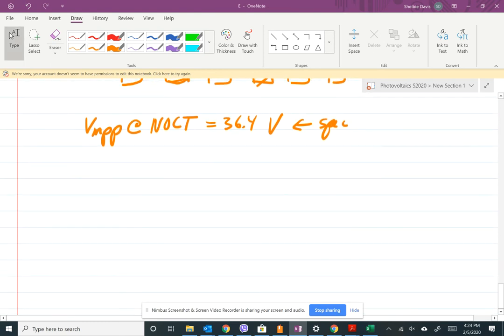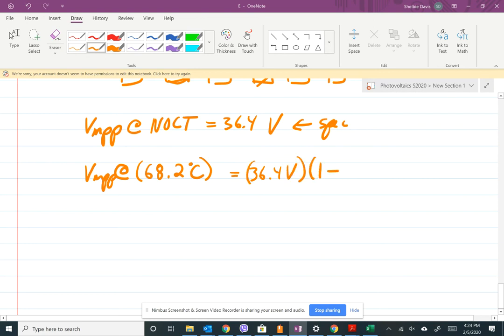Okay. So we're going to say VMPP at 68.2 degrees C equals your 36.4 volts times 1 minus, and this is your voltage temperature coefficient, 0.27, times 68.2 minus 20 degrees. 20 degrees is the reference temp for NOCT, not 25.